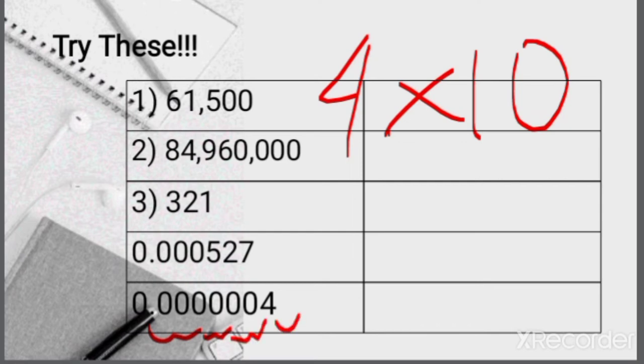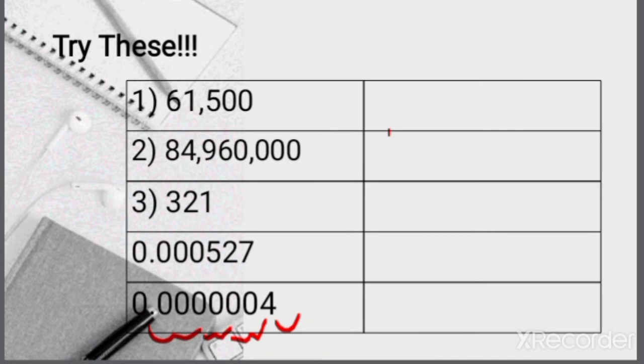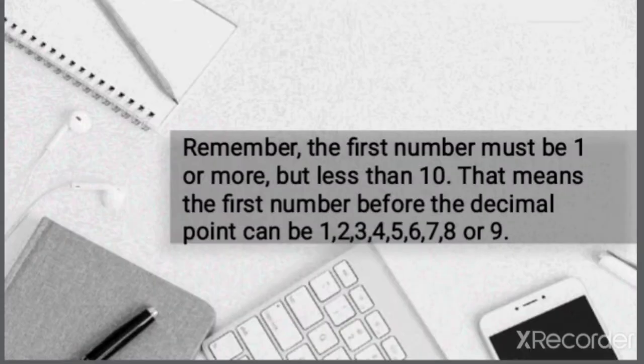So we have negative 7. It's negative because the original number is less than 1. So remember, the first number must be 1 or more, but less than 10. That means the first number before the decimal point can be 1, 2, 3, 4, 5, 6, 7, 8, 9.